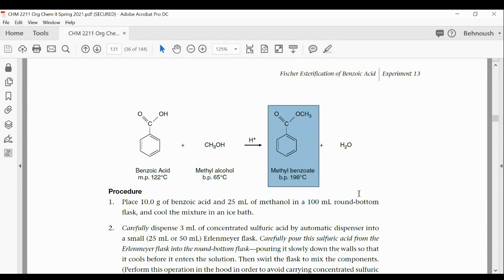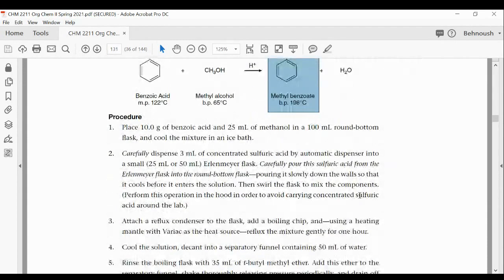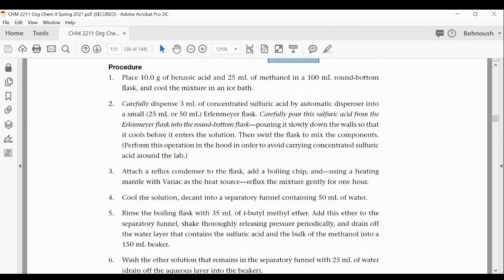So what is the extracting solvent in this case? Jones, have you answered any question? Jones, what's the extracting solvent used in this experiment? Can you use ethanol as extracting solvent?